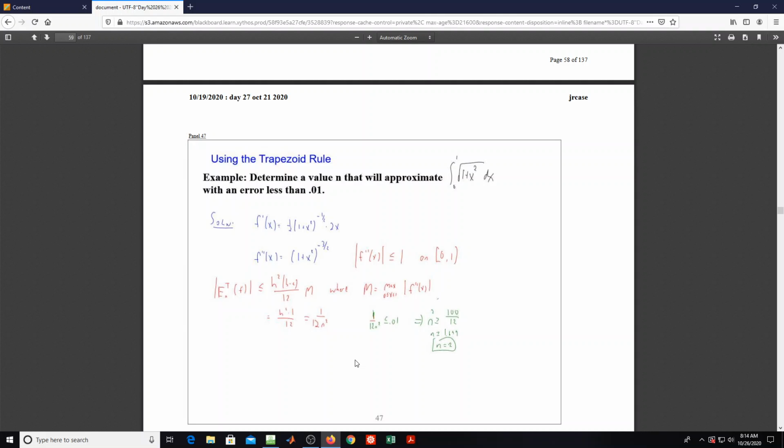Somehow I messed up my arithmetic here on this page. How did I do that? Oh, what is the square root of 8.33 then? That's where I made the mistake. .7 or something?